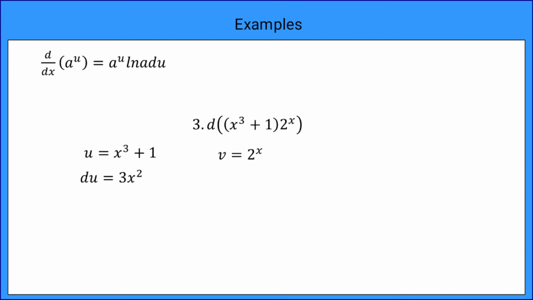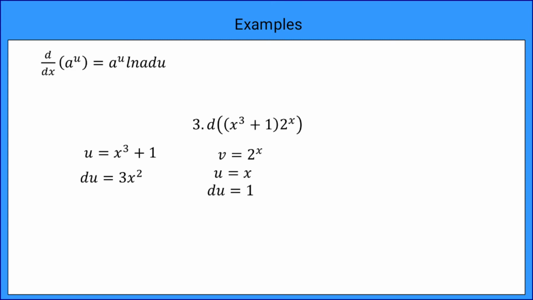Let's move forward to our v. V is 2 raised to x. From this, you can infer that our exponent here is x, and since it is the variable x, its derivative is always 1. So our du here is 1.